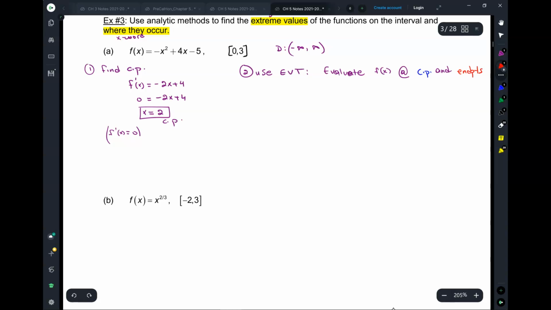So that means I'm going to take the original f of x, and first I'm going to find f of 2, because that's my critical point, and then I'm going to find f of 0 and f of 3. Okay? Critical point, endpoints.